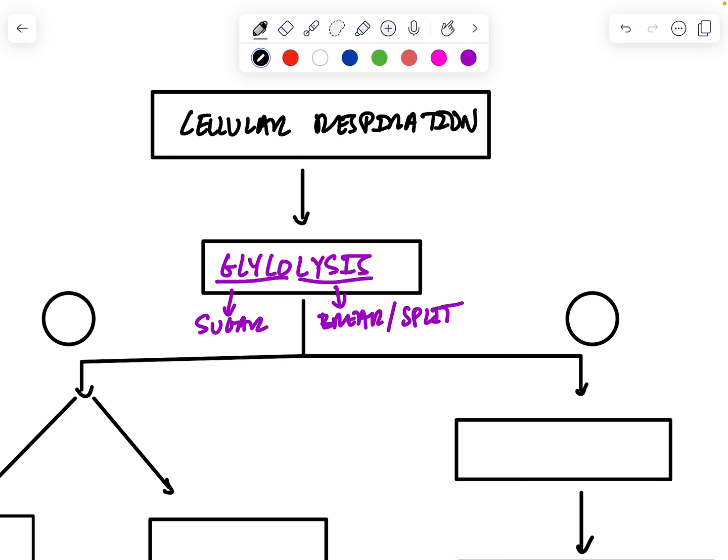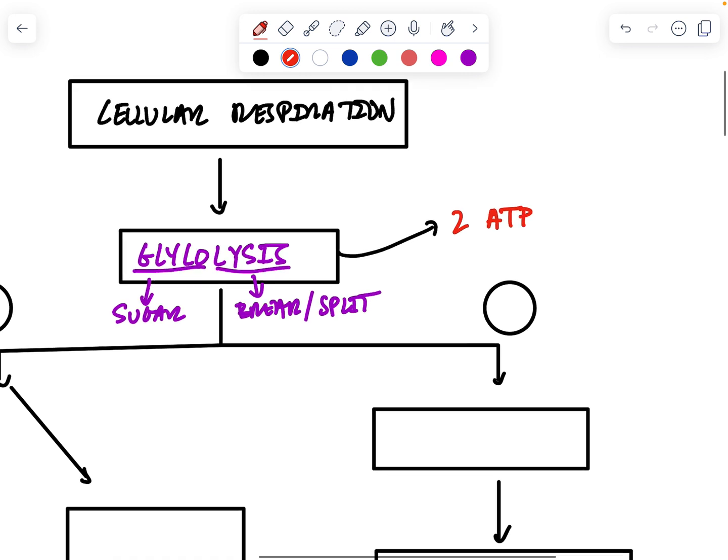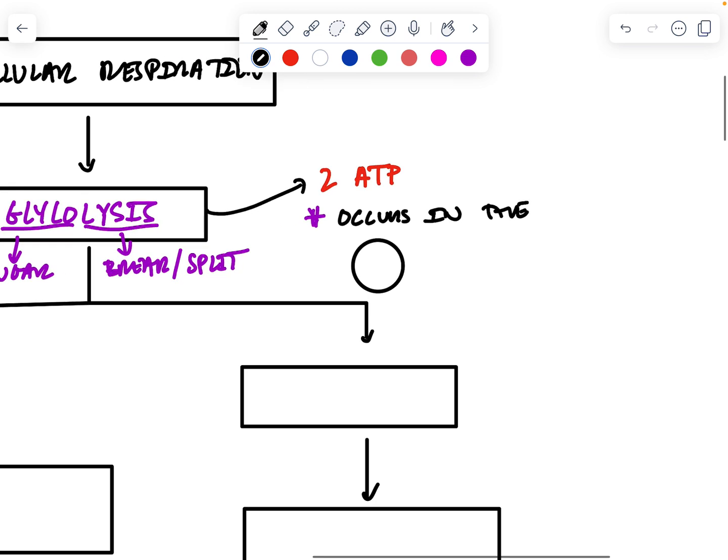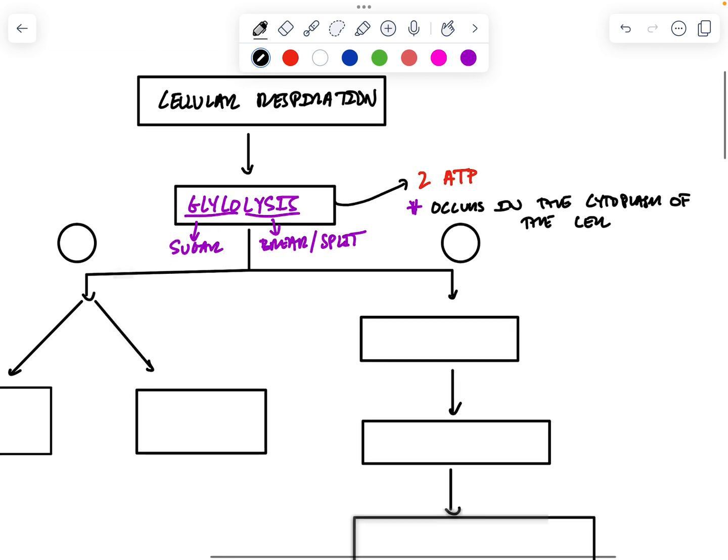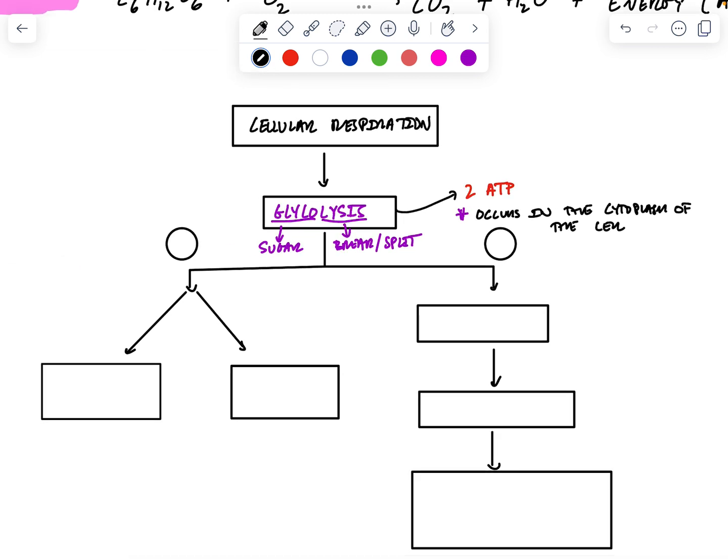Glycolysis creates 2 ATP, not much, and it occurs in the cytoplasm. So all cellular respiration starts with glycolysis.